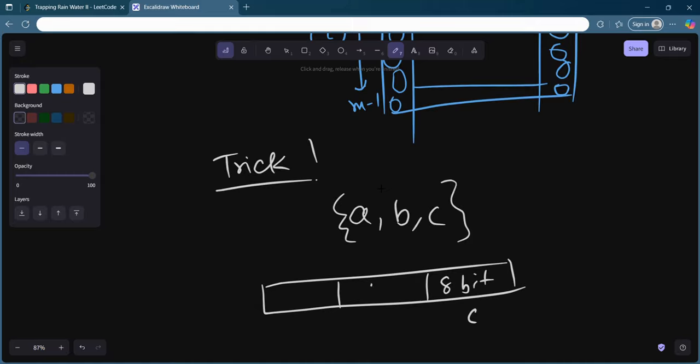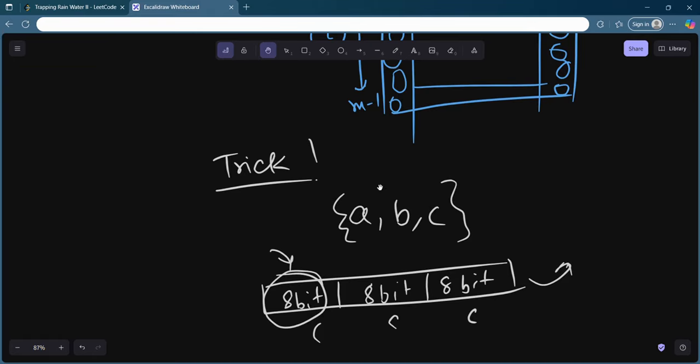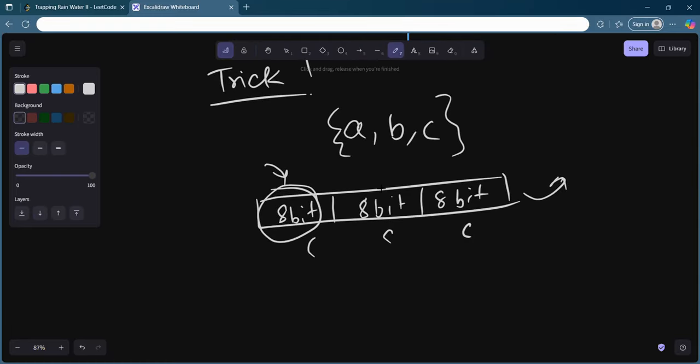In the first 8 bits you store c, you know c will be smaller than that. In the next 8 bits you store b, in the next 8 bit you store a, and if you push this whole integer into the priority queue, you will definitely be having this value as the most significant value, and this will be sorted by this.